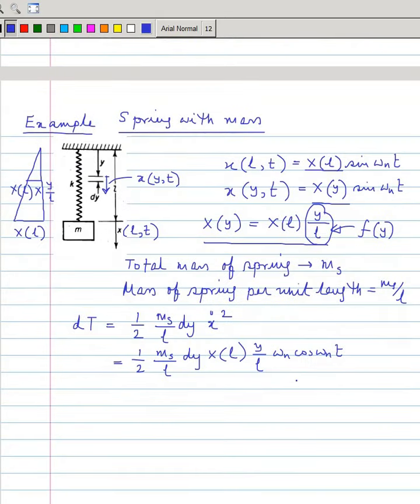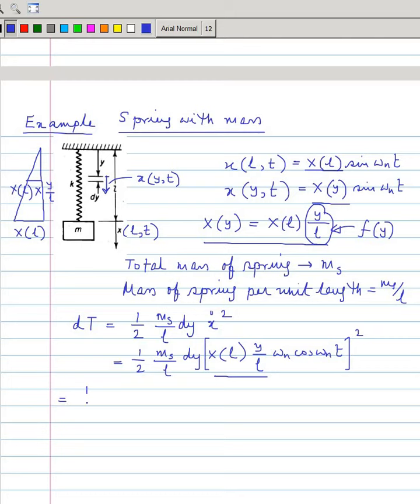So this is x at y and the time function is this, so this gets differentiated like this. But this is squared, so this part has to be squared.